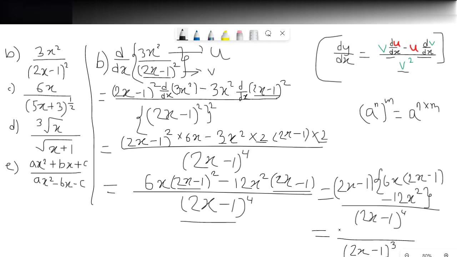and at the numerator we have 6x multiplied with 2x minus 1 subtracted with minus 12x squared.